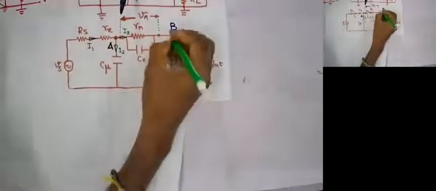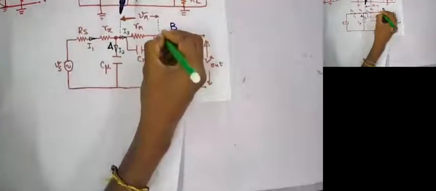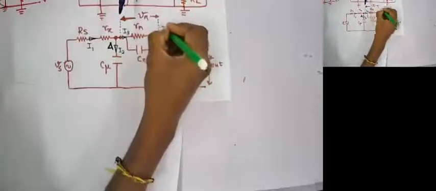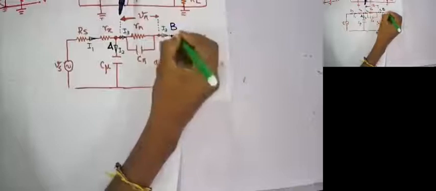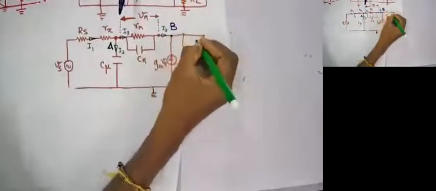We have three current components at this point, and similarly here we are going to have I3, and here we have Gm into V pi, and then here we are going to have I out. Clear?